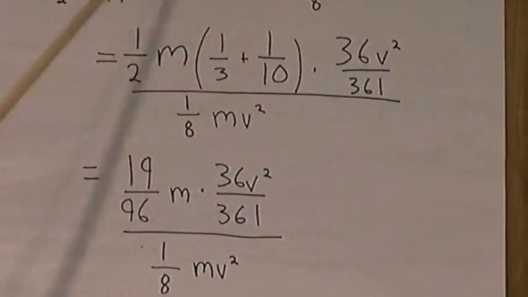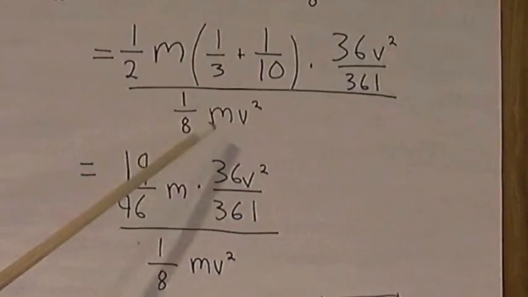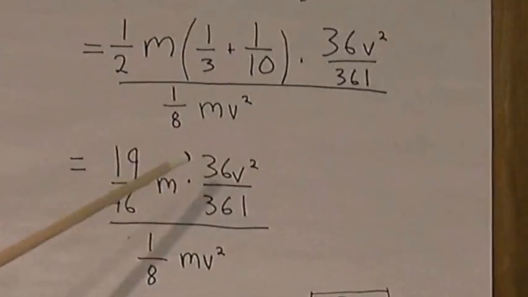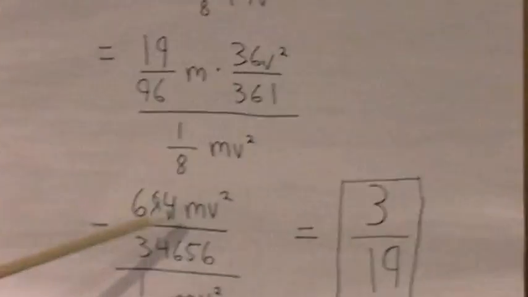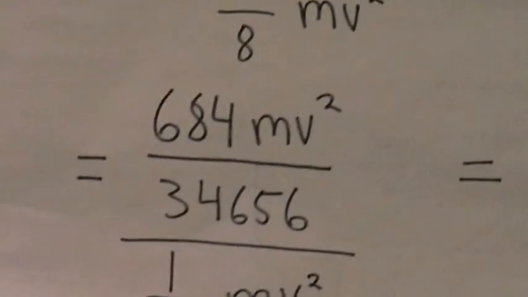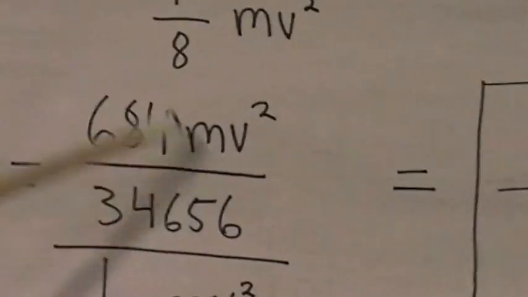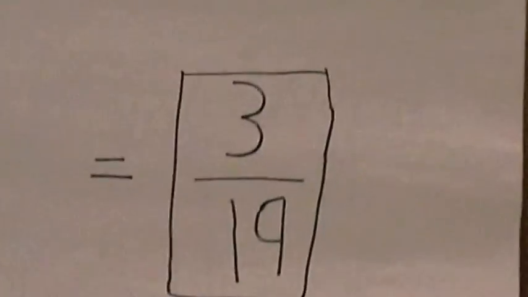You simplify that further in this step, and then again in this step, and then the mv squareds cancel, and after dividing the numbers through you get 3/19.